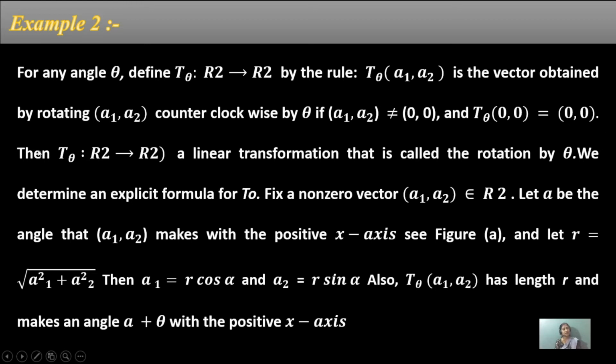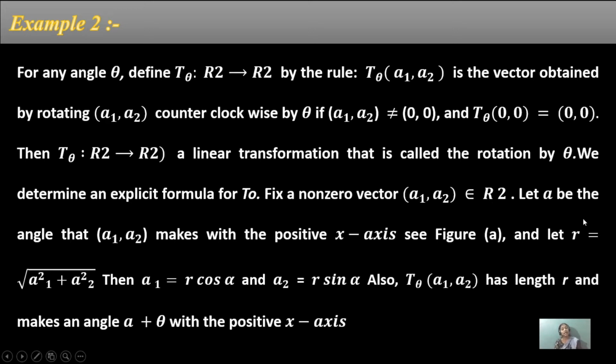Then T theta, considered as a map from R2 to R2, is a linear transformation, called the rotation by theta. We determine the explicit formula for T theta for a non-zero vector (a1, a2), an element of R2.